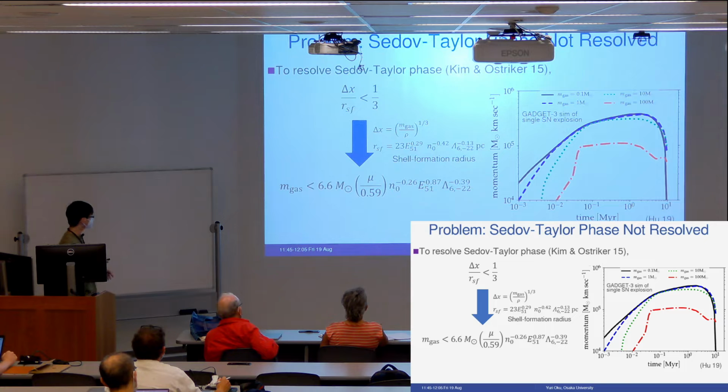I will discuss it later. Inputting this value into this equation, we get this value, which is less than 10 solar mass. So it is almost impossible to run a resolved simulation of a Milky Way mass galaxy with currently available computational facilities. This is a numerical experiment by Fu 19. They used Gadget-3 simulation and showed that the momentum of a supernova remnant converges at 1 solar mass, consistent with this estimation.